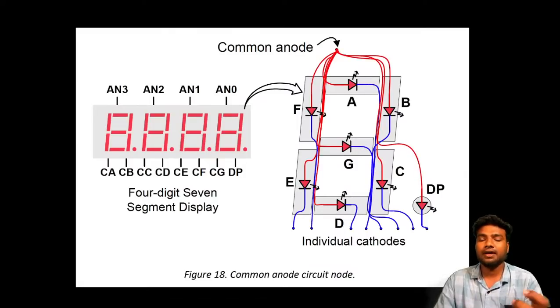I already said it has 2 types, common cathode and common anode. Common anode means all the anodes of the sound segment LEDs are connected at a particular point to choose this sound segment. If all the cathodes of the sound segment LEDs are connected at a particular point, it is a common cathode.